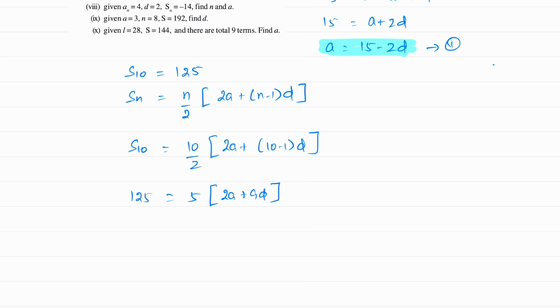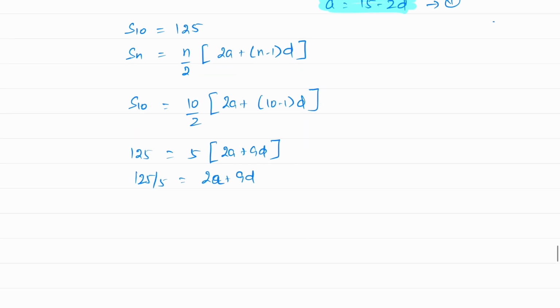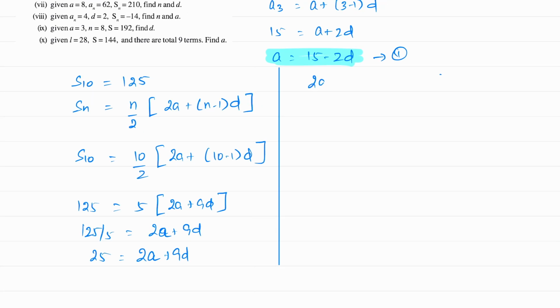This is 125 over 5 equals 2a plus 9d, and 25 equals 2a plus 9d.